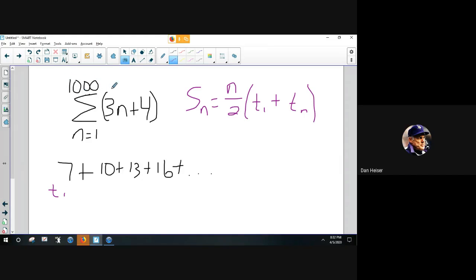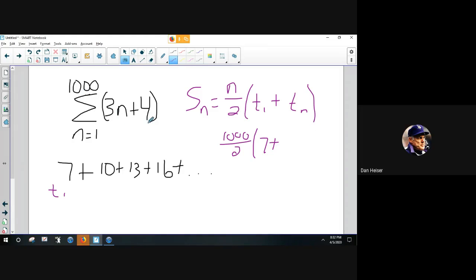Here's the number of terms. When we start at 1 and end at 1,000, we've summed 1,000 terms. First term was 7. We need this last term.